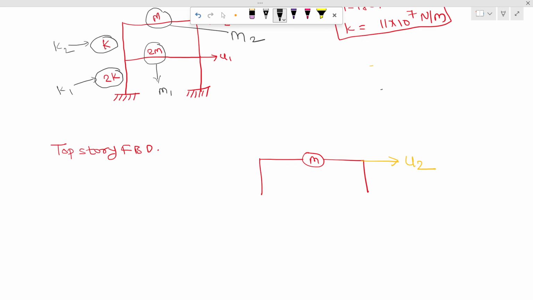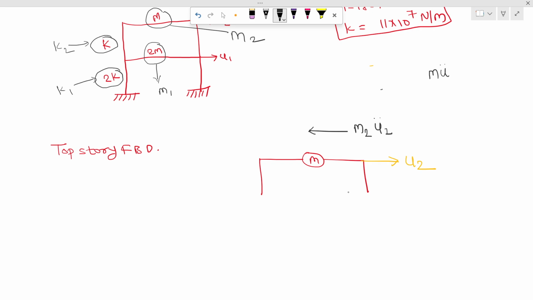Okay, just for simplicity we will then put all these values. So as it is moving to the right side having displacement U2, we will have inertia force as per the D'Alembert principle, which says mass times acceleration. So mass of this floor is M2 and the acceleration is U2 double dot.